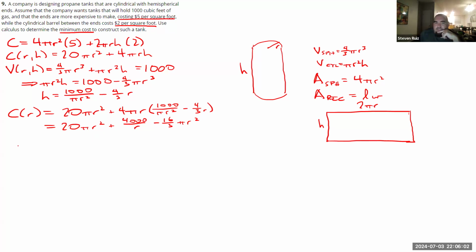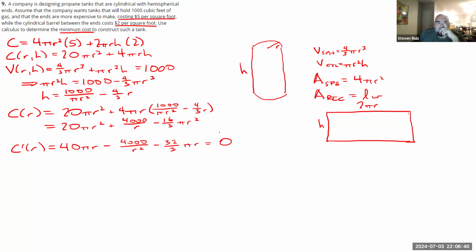So I want to optimize this, so I will take a derivative and try to find critical points. The derivative is going to be 40 pi r. The derivative of 4,000 over r, which is 4,000 r to the -1 power, is minus 4,000 over r squared. And finally, minus 32/3 pi r.